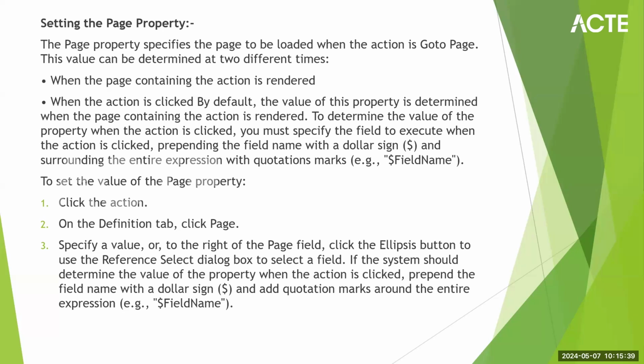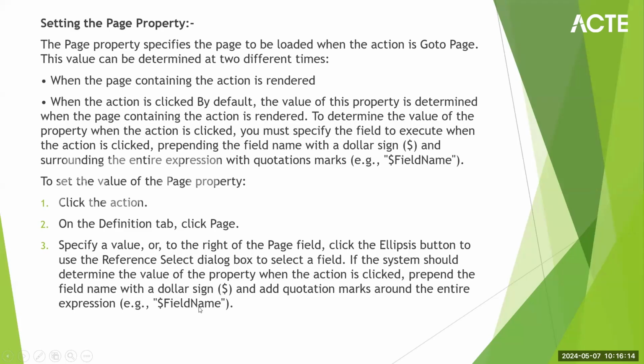For example, on click of the button, any value should be displayed, or it should contain some action, or it should navigate to some other page. In that case, the field name which you are mapping should start with a dollar sign and the field name, and put quotation marks around the entire expression.